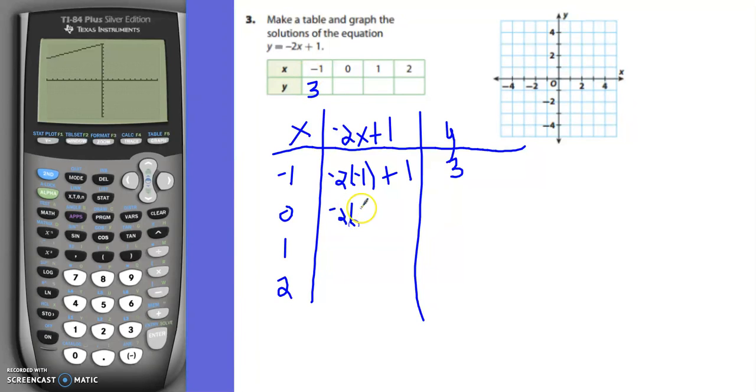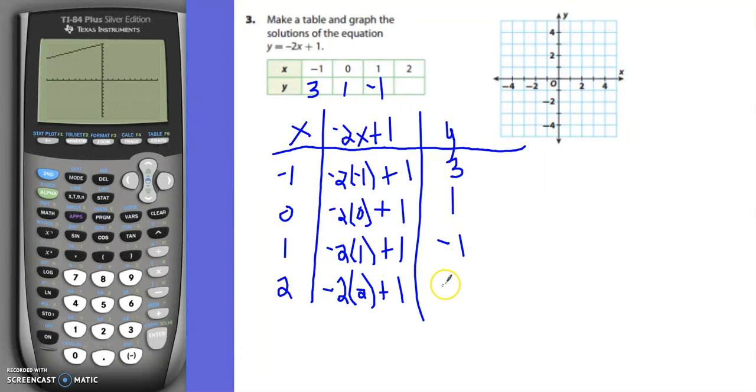Negative 2 times 0 is 0. 0 plus 1 is 1. Negative 2 times 1 is negative 2. Negative 2 plus 1 is negative 1. Negative 2 times 2 is negative 4. Negative 4 plus 1 is negative 3.